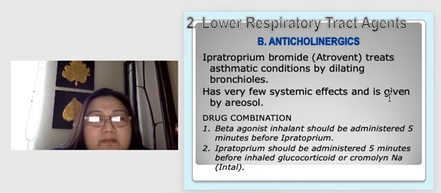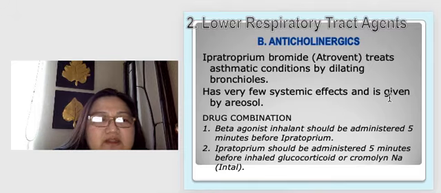Now, can you combine anticholinergics with sympathomimetics? Yes. But beta agonist inhalants should be administered 5 minutes before ipratropium. So, unahin ang sympathomimetic, huwag pagsasabayin because they have a totally different mechanism pero the same yung magiging effect niya.